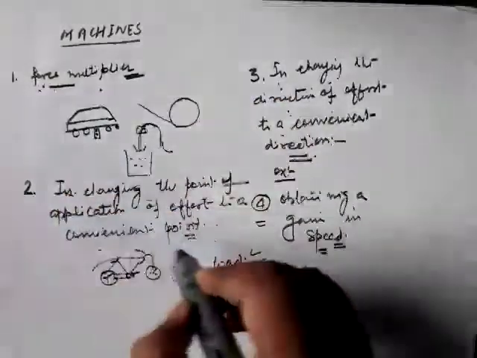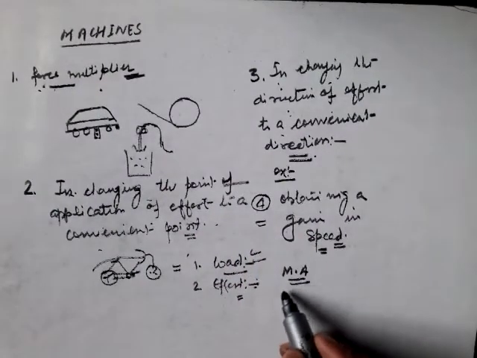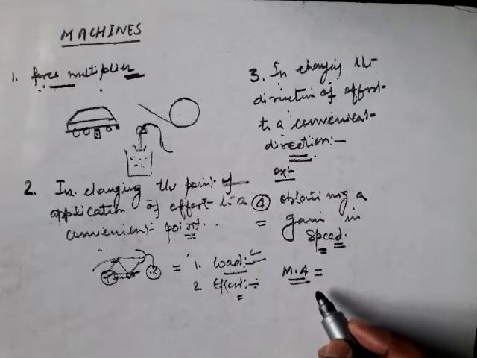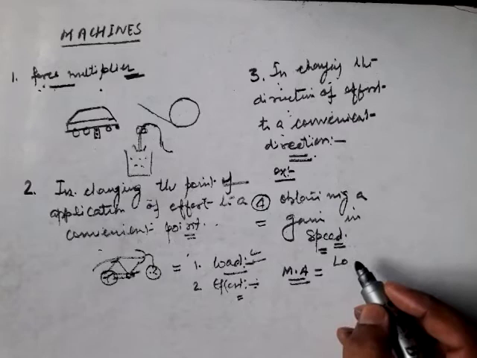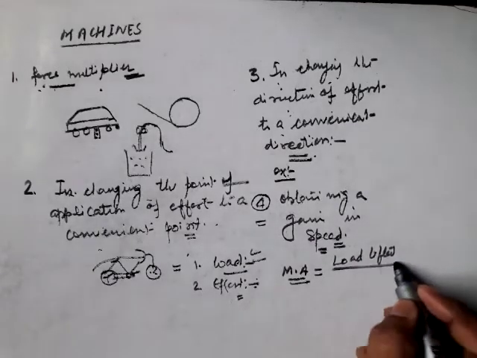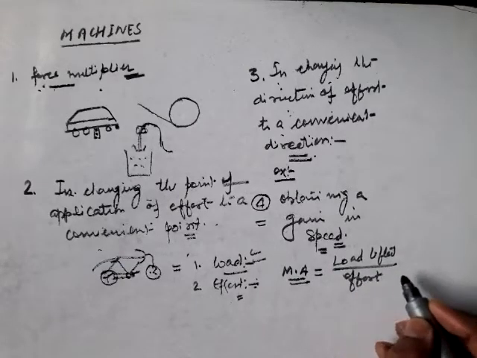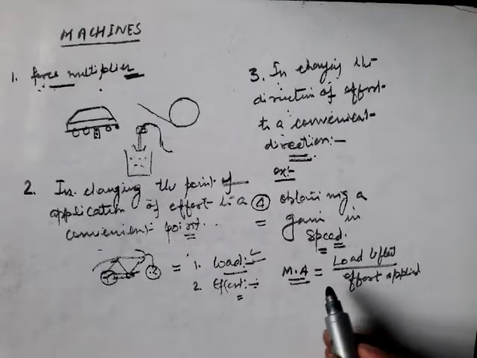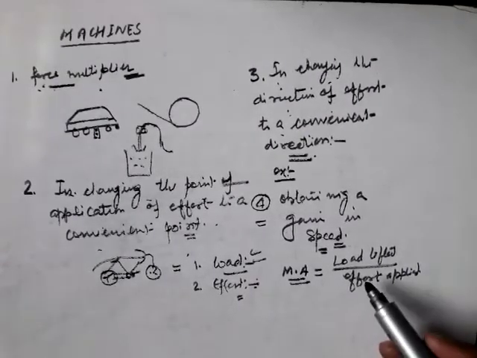All these are the advantages of the machine. So as a whole, we are going to lead to what is mechanical advantage. Mechanical advantage is nothing but the ratio of load lifted divided by effort applied. Okay, so mechanical advantage is nothing but the ratio of the load lifted.